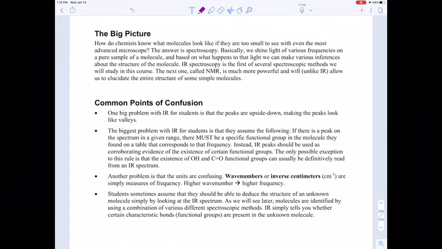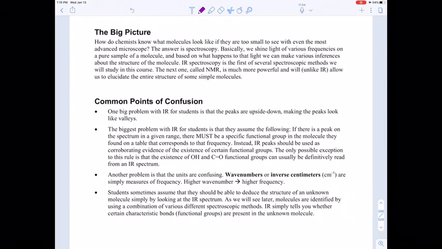IR spectroscopy is the first of several spectroscopic methods we will study in this course. The next one is called NMR, is much more powerful and will, unlike IR, help us to elucidate or determine the entire structure of some simple molecules.